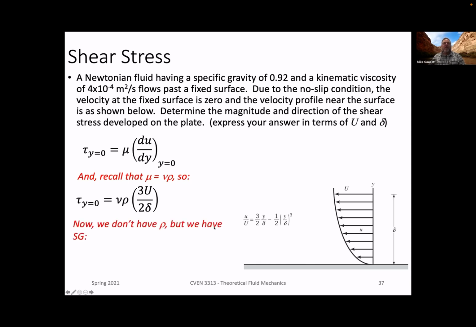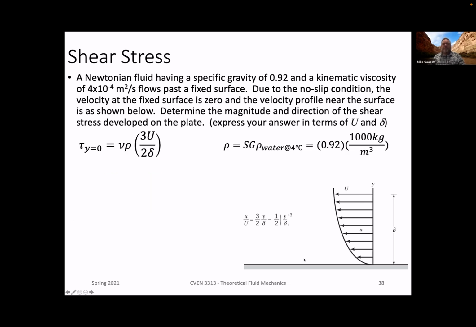We don't have a density, but we do have the specific gravity. So the density of our fluid is just 0.92 times the density of water at 4 degrees C, which is 1,000 kilograms per cubic meter. If we take that a step further, this comes out to 920 kilograms per cubic meter.